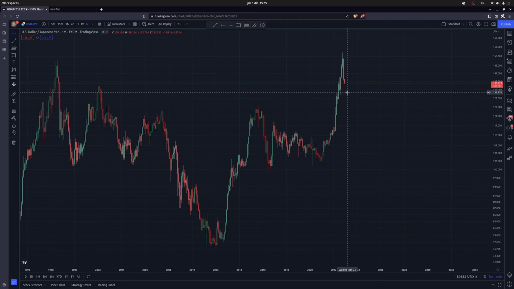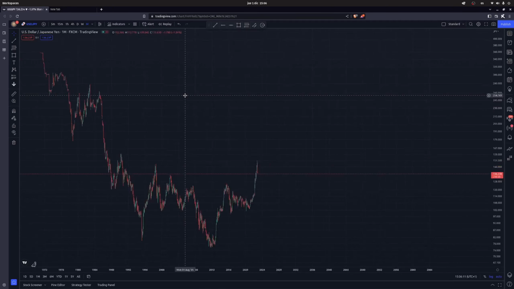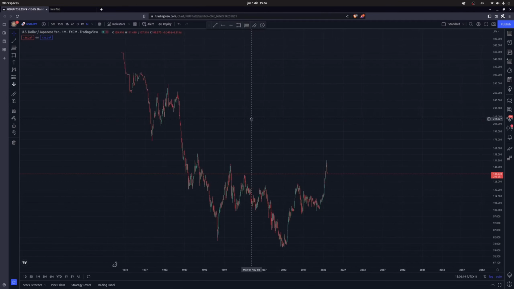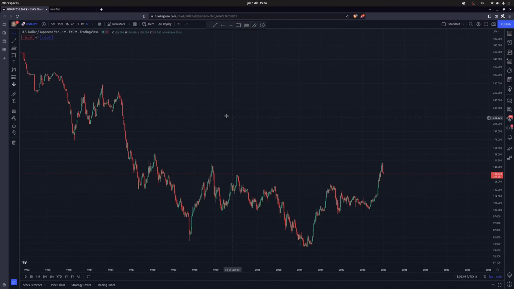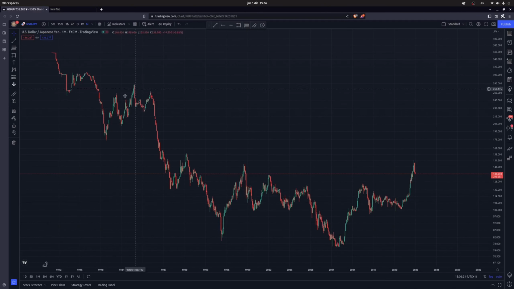So now we are back on the USD Japanese yen monthly chart, and let's see if we can find some of those patterns in this chart. First, let's zoom out. Again, we are here at the monthly level, and let's see if we find some obvious patterns. If we start here at the left, I think that could be an upwards channel. Let's draw a line here.